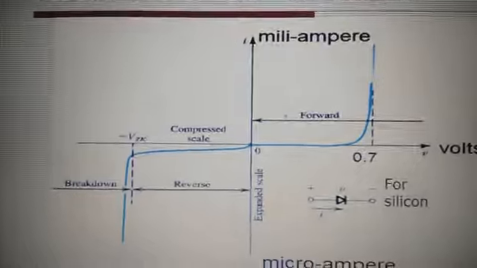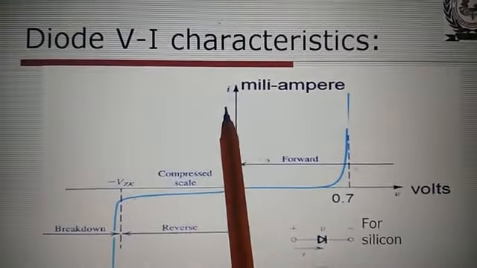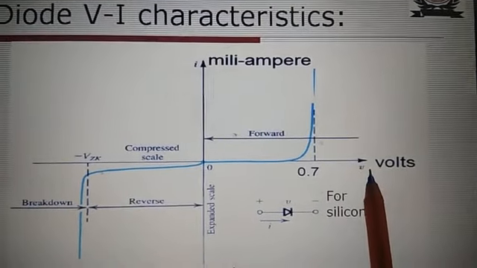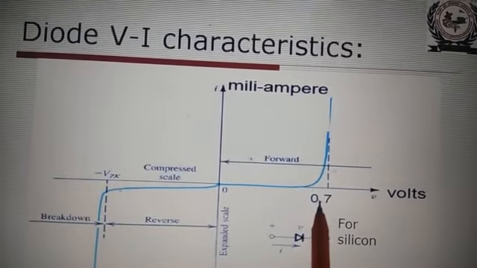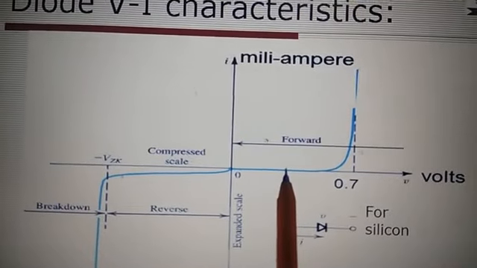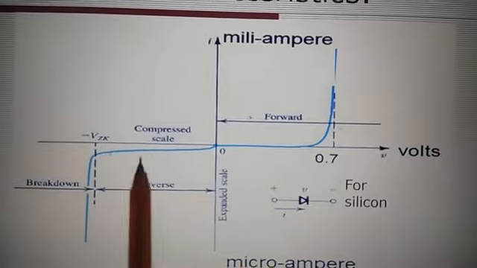You can see here, this is the VI characteristic. On the vertical axis the current is there, in milliamperes, and here the voltage. For a silicon diode the knee voltage is 0.7 volt, and for a germanium diode it may be 0.3 volt. This is called the forward current, and this is called the reverse current.